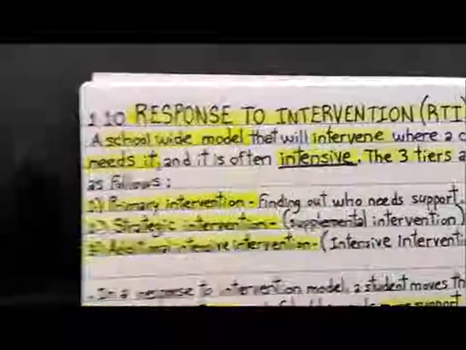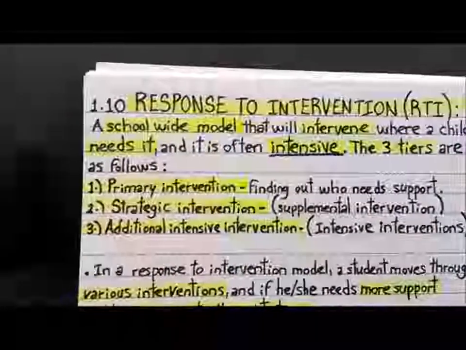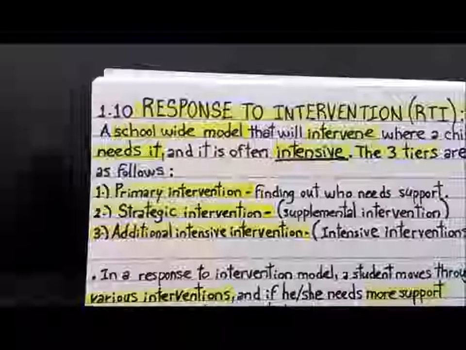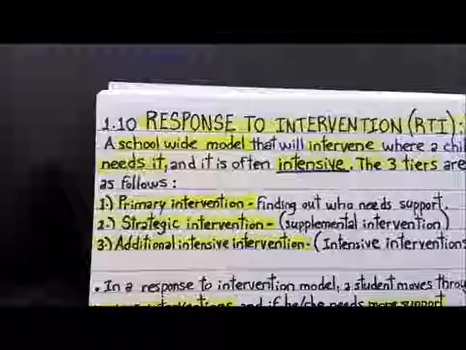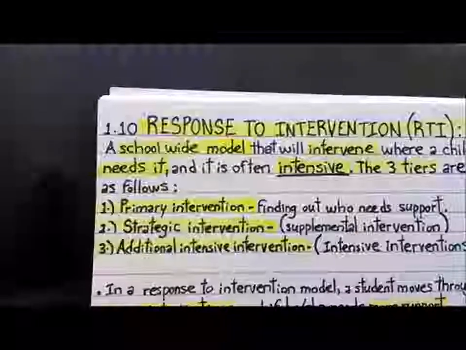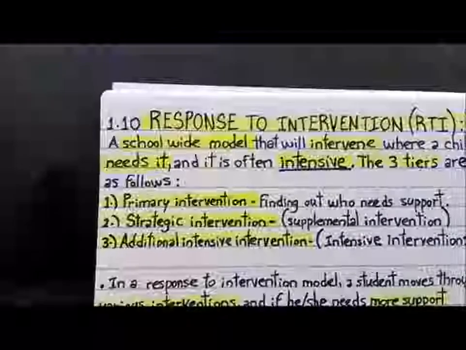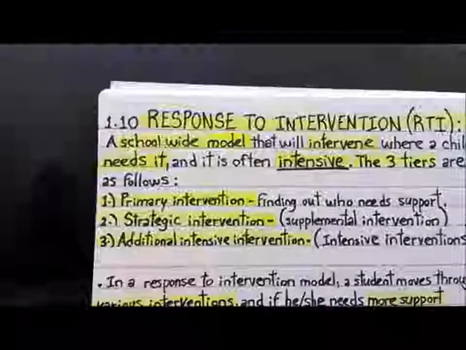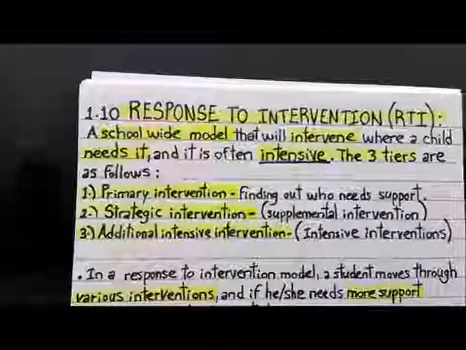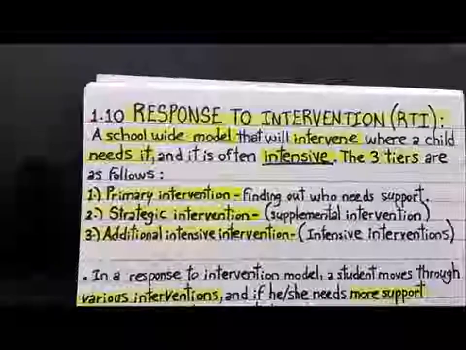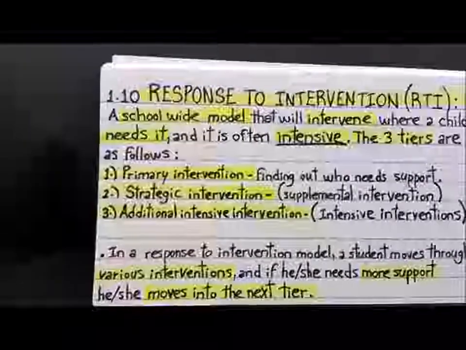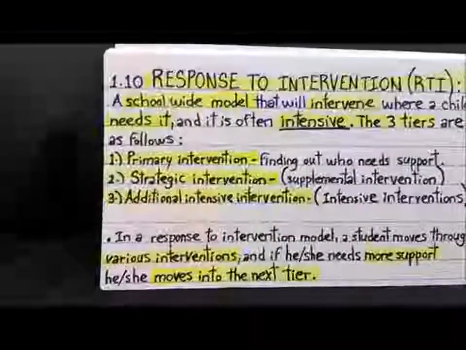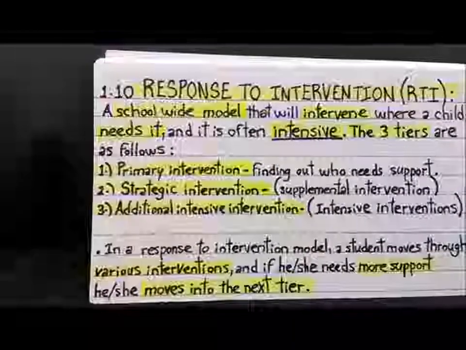Response to intervention, the RTI. A school-wide model that will intervene where a child needs it, and it is often intensive. The 3 tiers are as follows. Primary intervention, finding out who needs support.